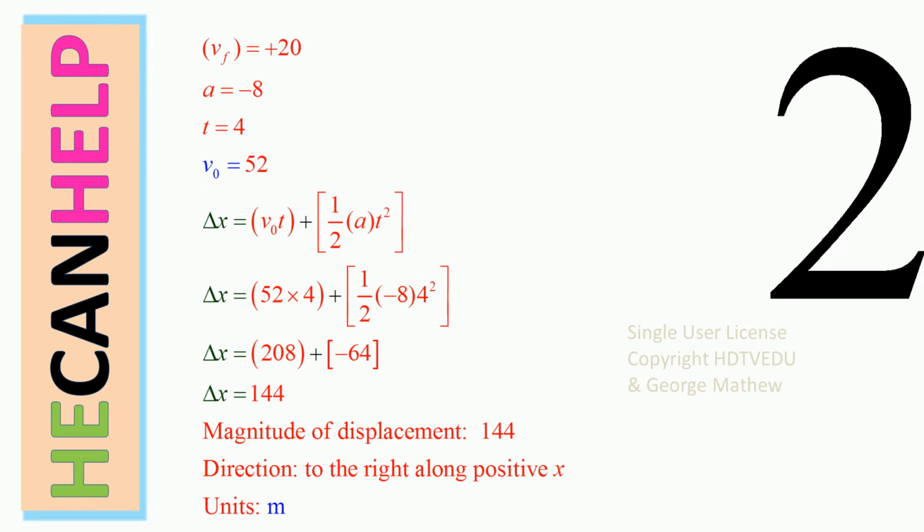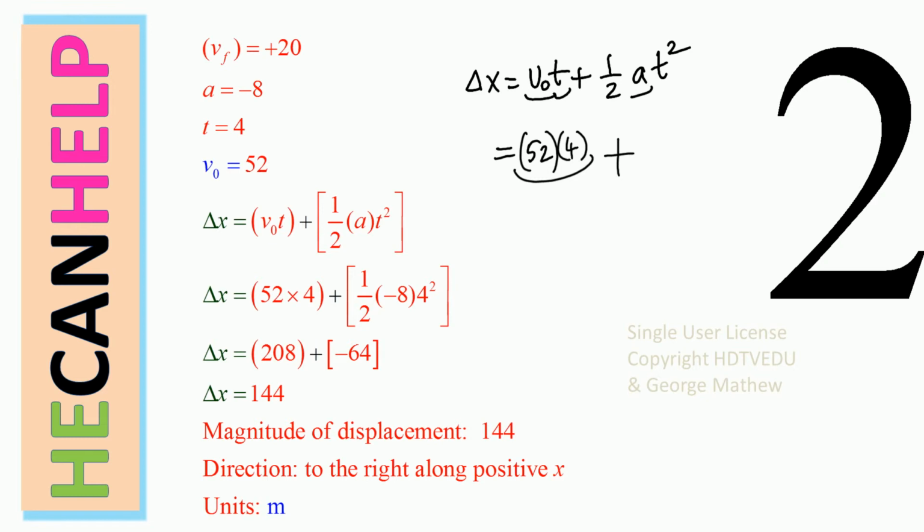Or we can go for delta x is equal to v0 t plus 1/2 acceleration times time squared. This is all along the horizontal. Please don't forget, the initial velocity is 52. We already know that now. The time is 4. So we have that plus 1/2. Now here is where we make a mistake. What is the acceleration? It is against the direction of motion. You're not increasing your speed, you're decreasing your speed.